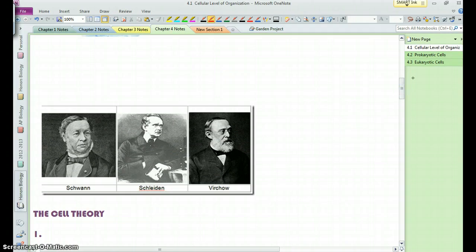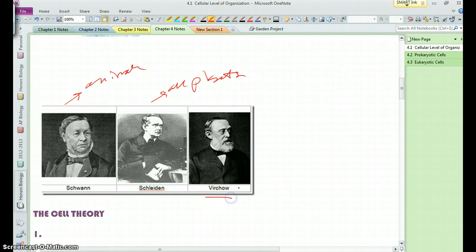Are all plants or animals made of cells, for that matter? And so they did research on different types of organisms, and indeed they confirmed, in fact Schwann confirmed, that animals are made of cells, and Schleiden that all plants are made of cells.